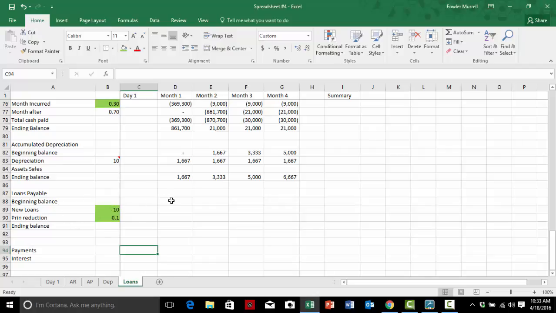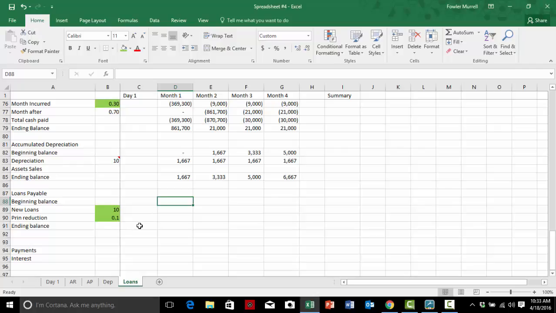Okay, so we go now to our beginning balance. Our beginning balance now, unlike previous spreadsheets, is going to be the same as our ending balance here. And what is our ending balance here?